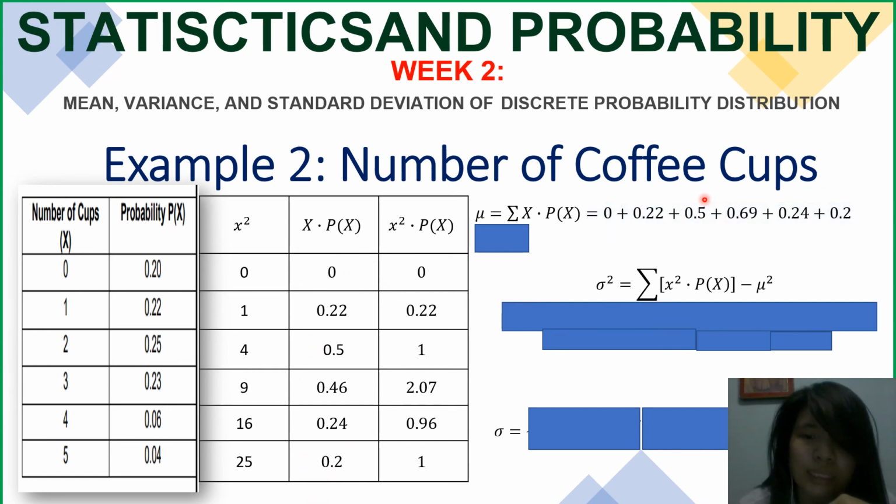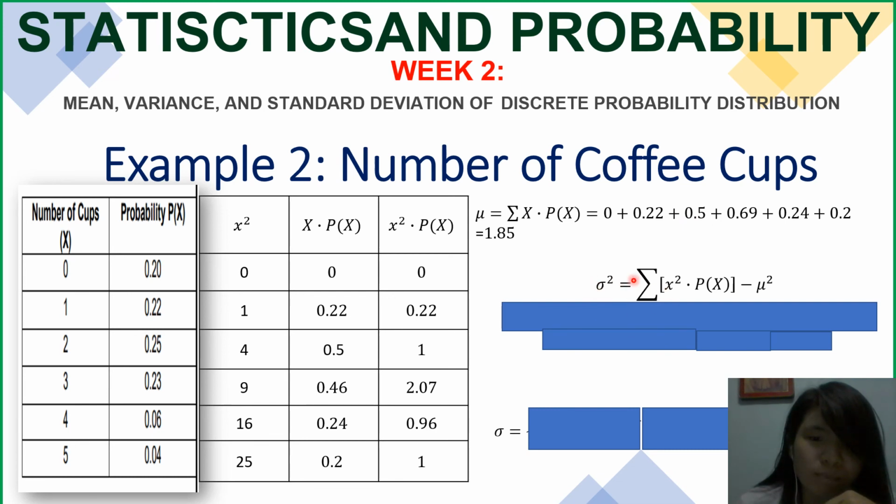So that is 0 plus 0.22 plus 0.5 plus 0.69 plus 0.24 plus 0.2. And that gives us a sum of 1.85. So, no need to round up or round down. Just leave it as it is, because it is already 2 decimal places. So, okay na yan.